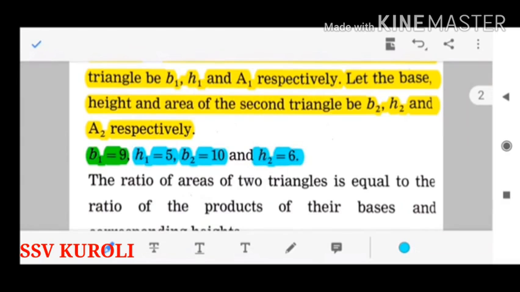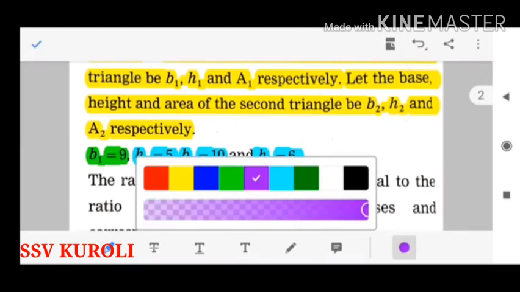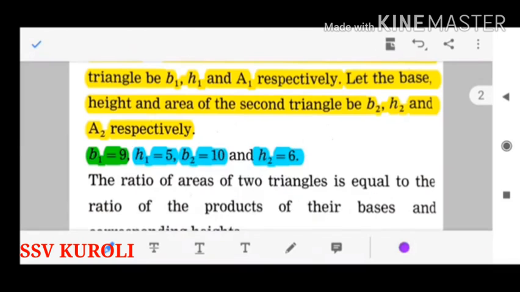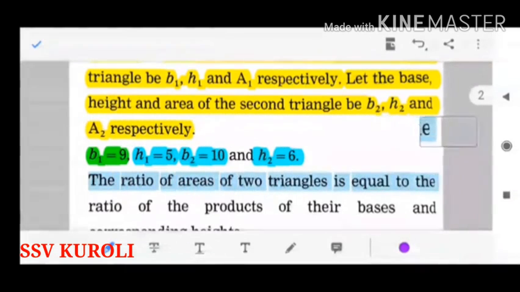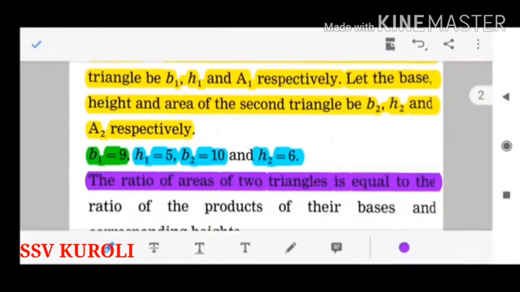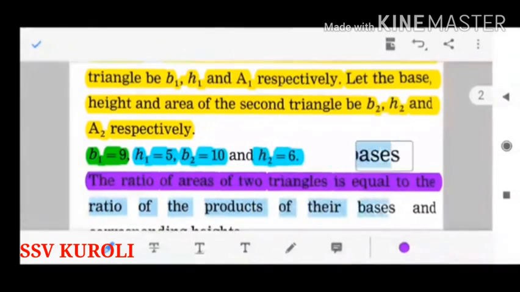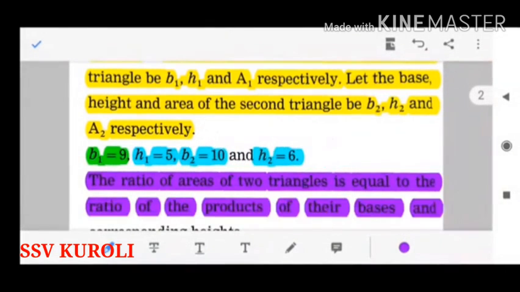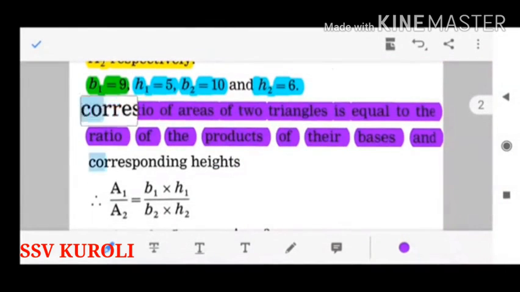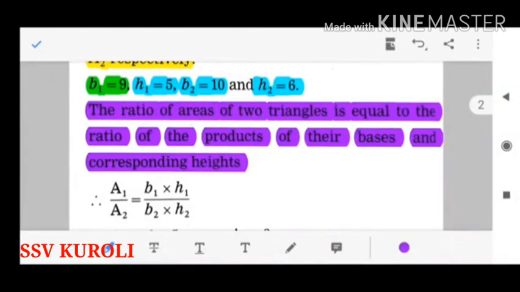The main property you have to remember is the ratio of the areas of two triangles is equal to the ratio of the products of their bases and corresponding heights.